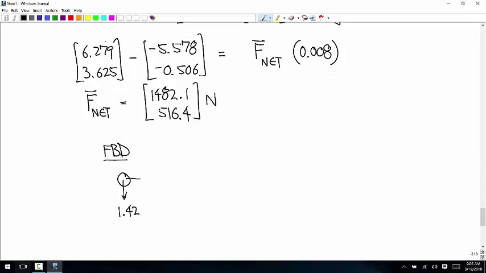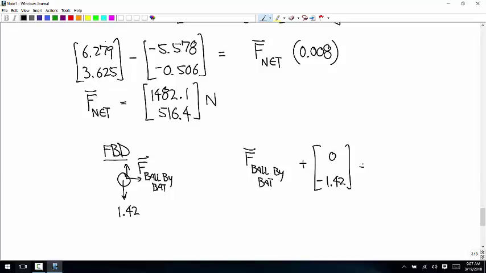And then we have this contact force, force on the ball by the bat. And those two added together, so that plus 0, negative 1.42 is equal to that net force.